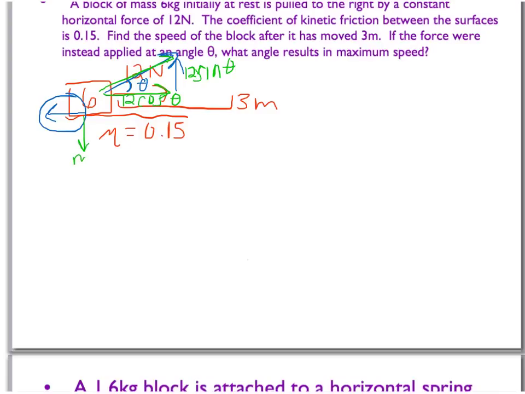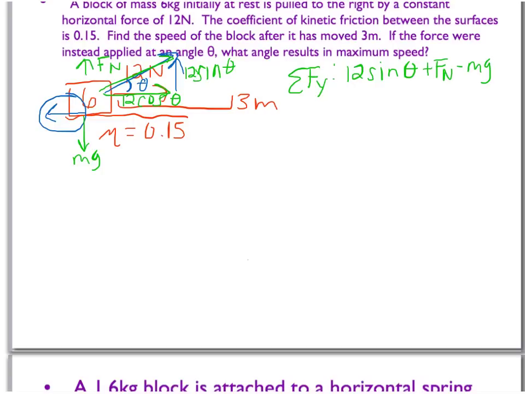We have the mg of the block pulling down, and when we sum up the forces in the y direction, we'd find that the sum of the forces in y is going to be our mg pulling down and our 12 sine of theta pulling up, as well as our normal force from the surface in an upward direction.